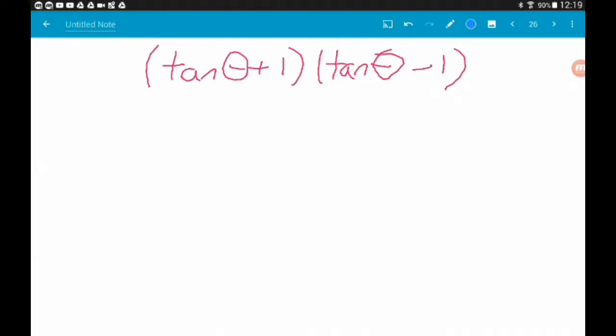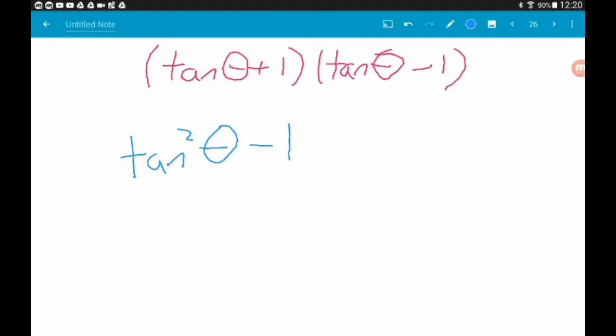Example 3. Tan of theta plus 1 times tan of theta minus 1. So, what can we do with this? Well, first thing to notice, it's a difference of 2 squares. So, if we were to multiply this, we would get tan squared of theta minus 1.